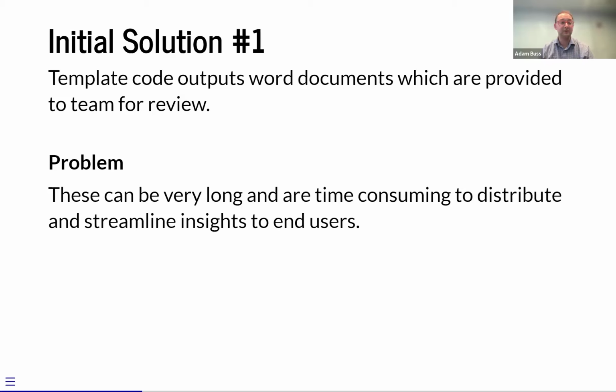This was great to some extent, but at the same time, these reports could run tens to hundreds of pages long. They were very difficult and time-consuming for our end users to streamline insights from and to figure out if there was any issues with their testing. A lot of things would get missed because there's just so much of the weeds to get through to get to what you actually need to look at. So we wanted to move to a better solution than this.